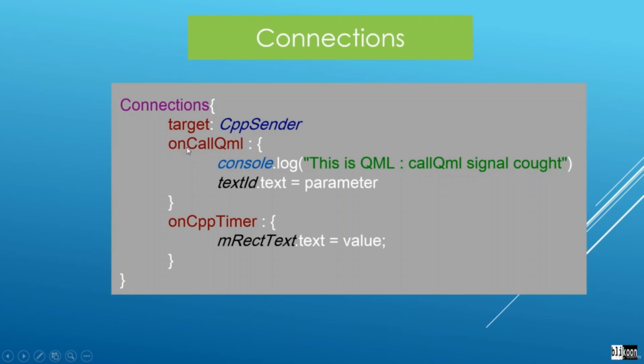We say on, capitalize the first letter of the signal name, and specify the rest of the name of the signal. You're going to see how this works in a demo that we are about to do. But the main idea is to capture the signal we send in C++ and use it in a QML slot, just like we are doing here. Let's head to Qt Creator and show you this in action.